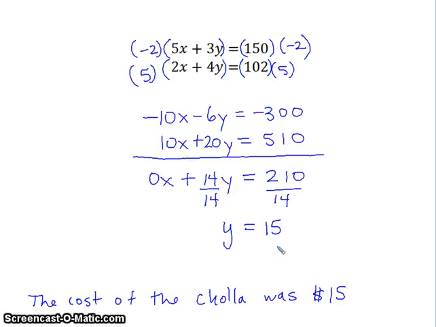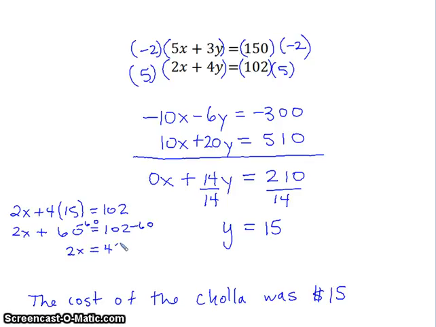In order to find the cost of the century, we will substitute 15 back into one of our previous equations. And you can also use the equations that you have manipulated if that works better. But in this case, it looks like we'll have to deal with bigger numbers, so it might be easier to put it back into the second equation. So if we have 2x plus 4 times 15 is equal to 102, and so that looks like we'll have 60 here, and we can subtract 60 from both sides, and we get 2x is equal to 42.